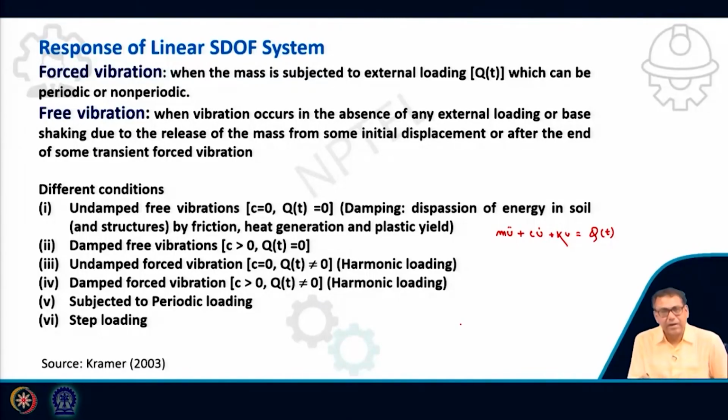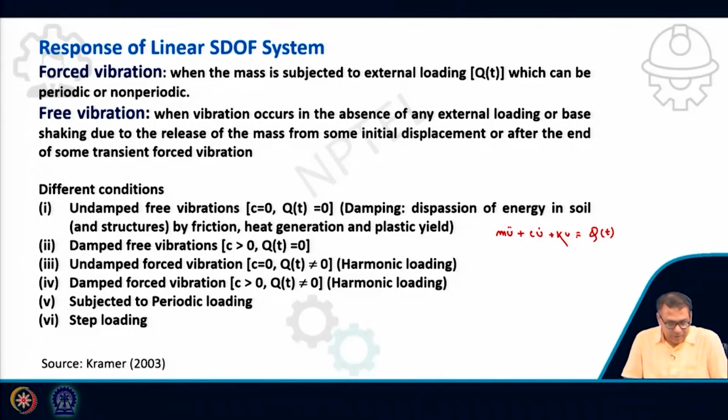Damping is the dissipation of energy in soil or structure by means of friction, heat generation or plastic yield. If this is an undamped system, then C will be 0. The next condition is damped free vibration, when C is not 0 but Q(t) is equal to 0. The third is undamped forced vibration, when C is equal to 0 but Q(t) is not equal to 0.